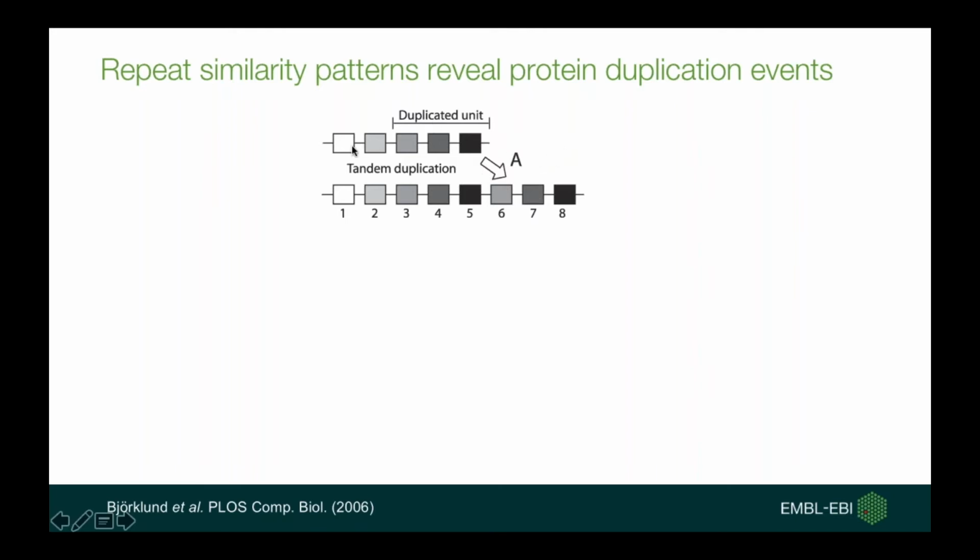In this case, depicted here is a protein with 5 domains, and at some point in evolution there was a tandem duplication where domains 3, 4, and 5 were duplicated into 6, 7, and 8. This triplet duplication can still be observed because domains 8 and 5 are similar to each other, 7 and 4 are similar to each other, and 6 and 3 are similar to each other.